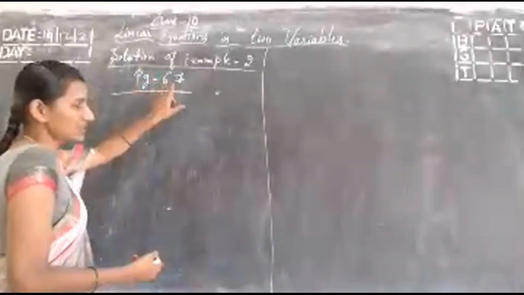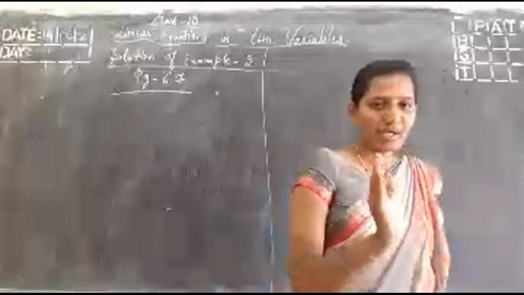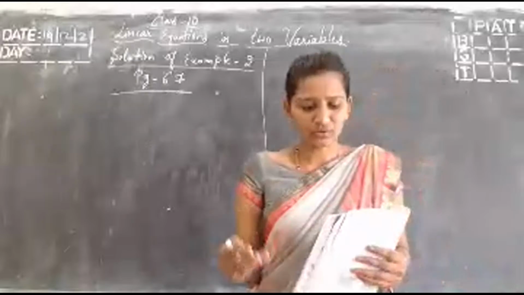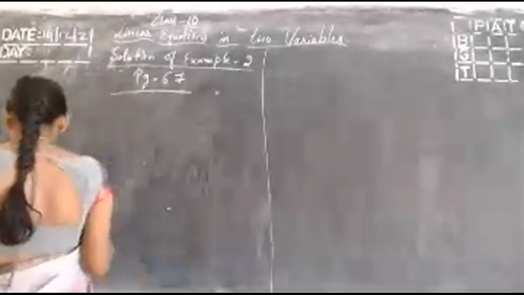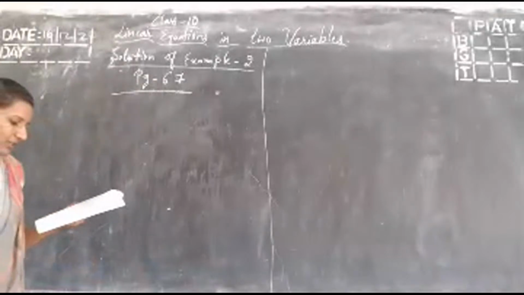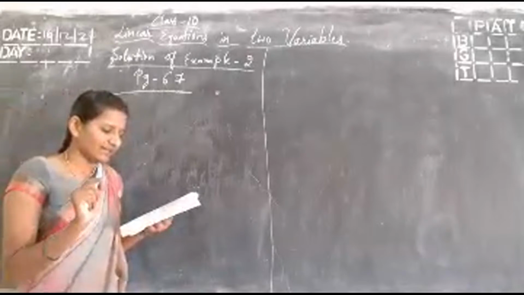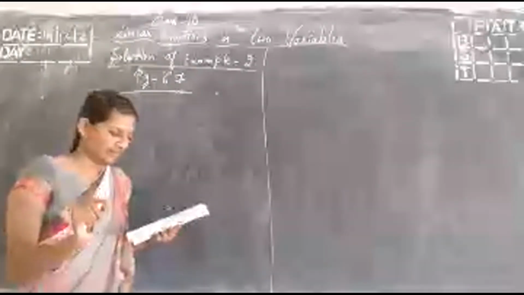See, it is on page number 67. What is the given example? By using this example, we have to write the statement and then the equation. Given that Romali went to a stationery shop and purchased 2 pencils and 3 erasers for 9 rupees.